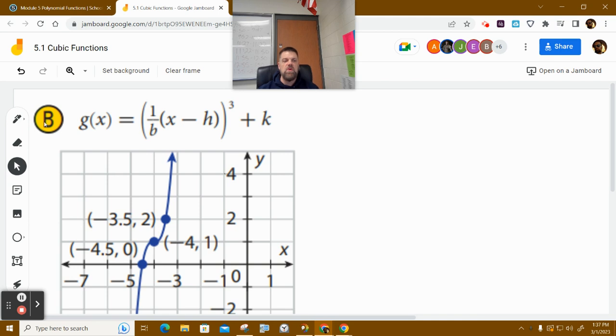Okay? We remember that we've used this h comma k for a bunch of stuff, right? For the circle, it was the center, right? For the parabola, it was the vertex. But it's kind of like a central location. Now on cubics, it's actually where there is what we call an inflection point.